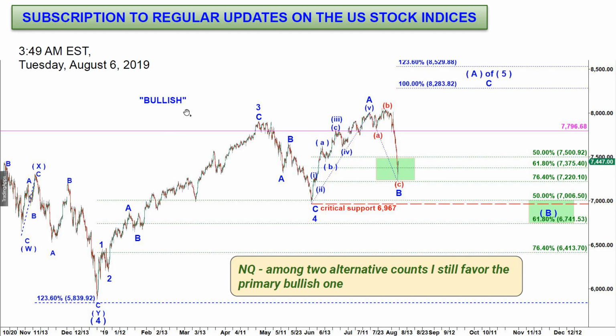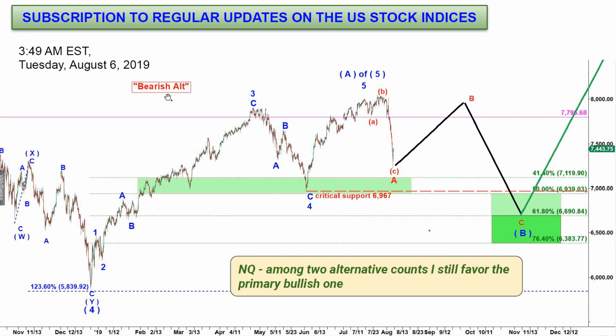This is bullish scenario. In the very same update, I show them another scenario, bearish alternative. It says that basically we might have completed that rally in wave parenthesis A or parenthesis 5, and we might have started a bigger corrective parenthesis B down.